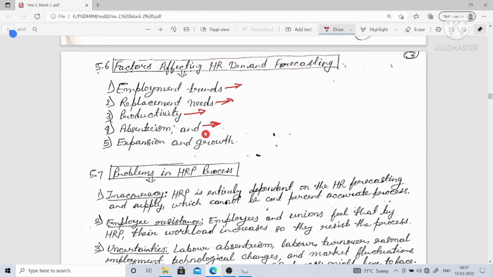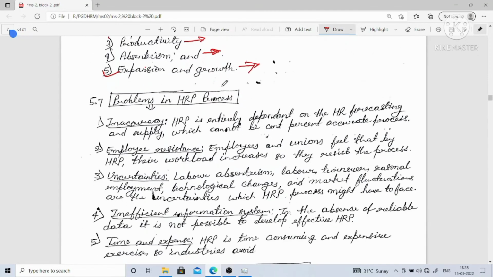Then the fifth one is expansion and growth. How much the organization wants to expand and what the growth rate of the organization is will also affect the HR demand forecast.